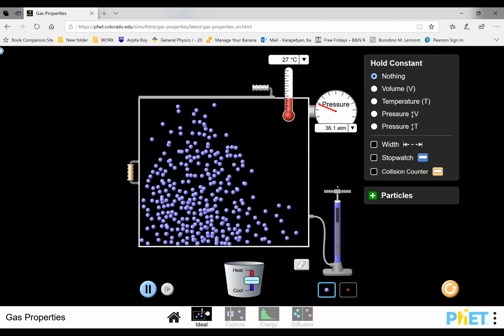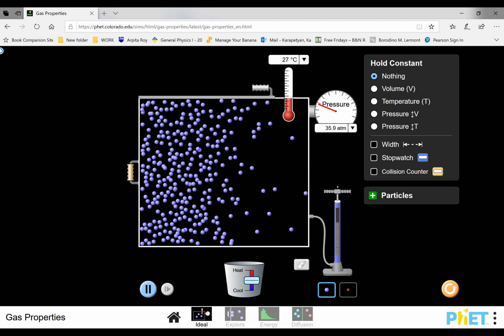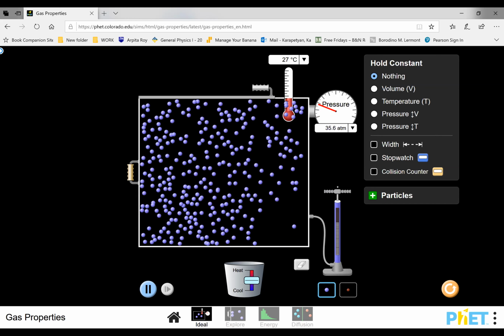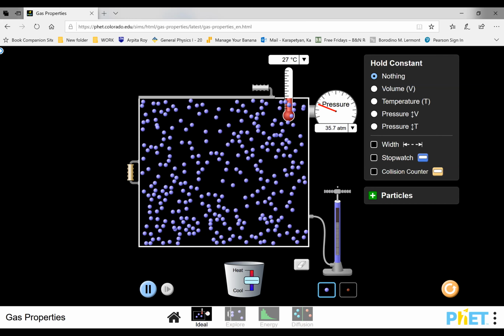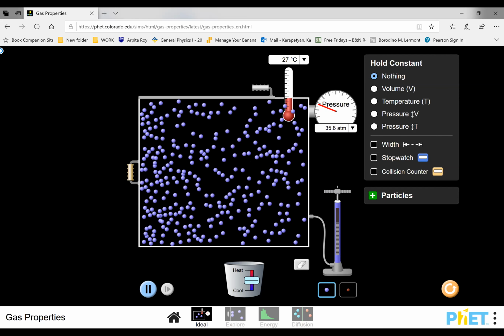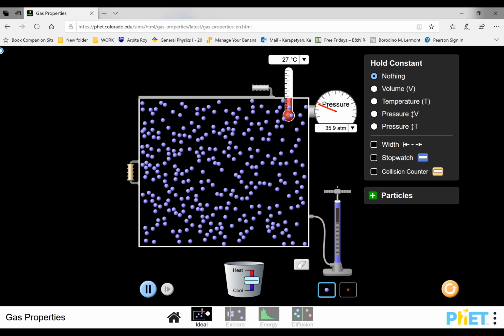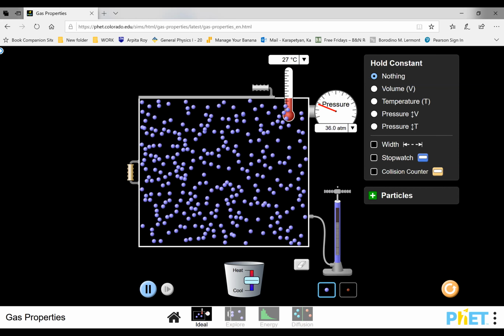Now I have 35.1. Remember, pressure comes from molecules colliding with the wall. So basically what I have here is some number of molecules, and I can calculate them, not count them, and then see how many moles of those molecules I have.